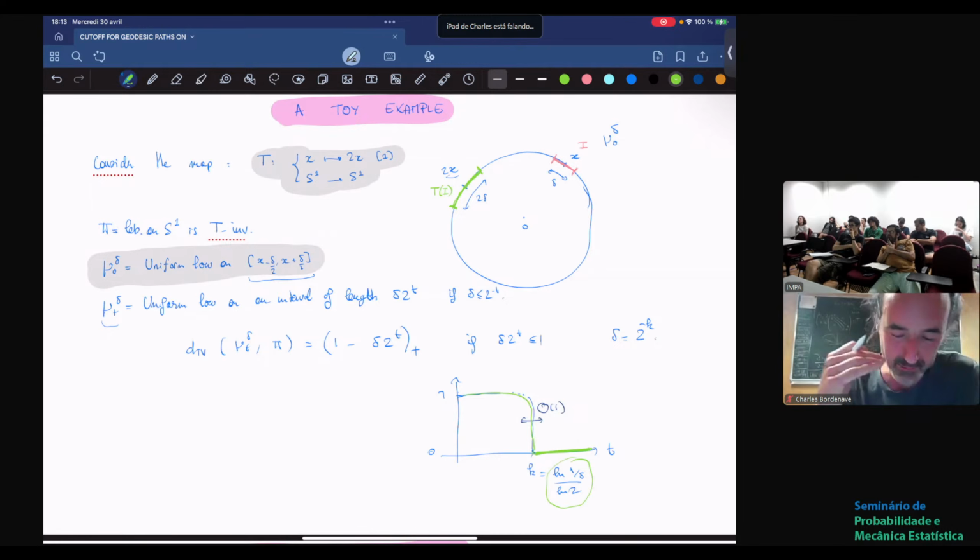I have some ongoing work on that, but today I want to speak about something in this framework, not for dynamical systems, but for geodesic paths on manifolds, which I will define now. But this will be exactly the same idea.